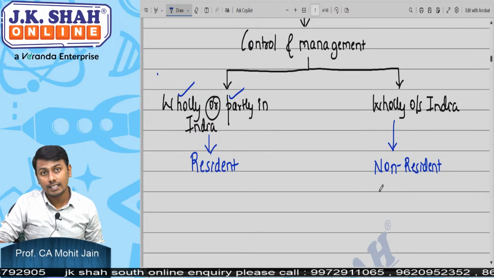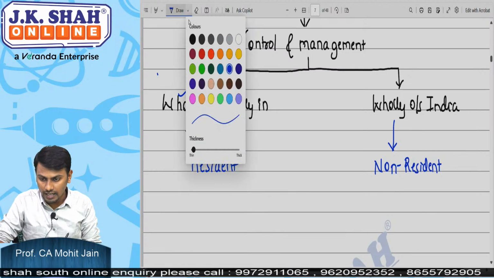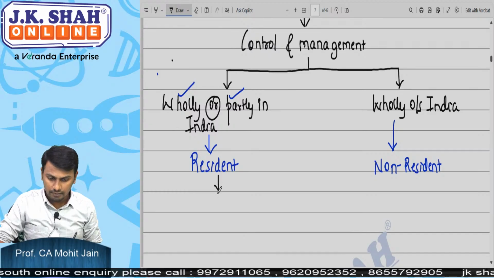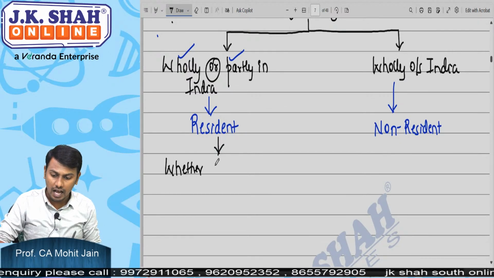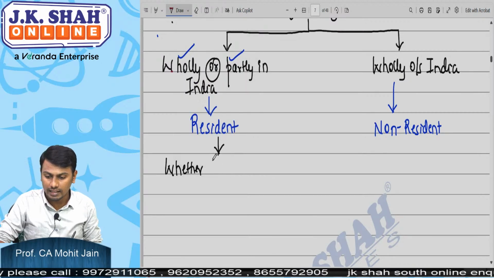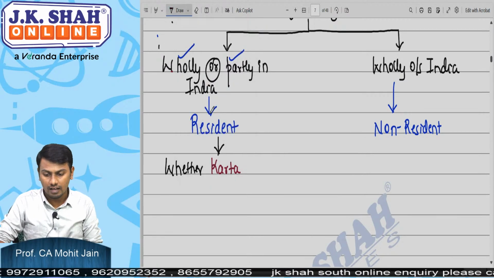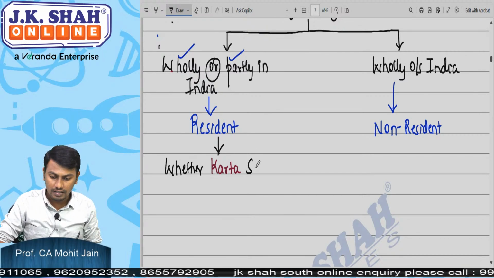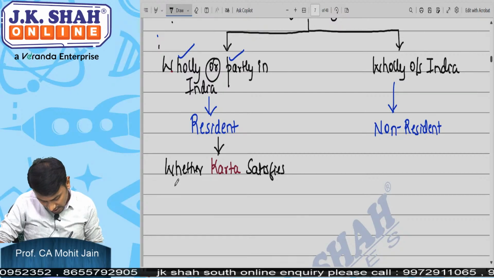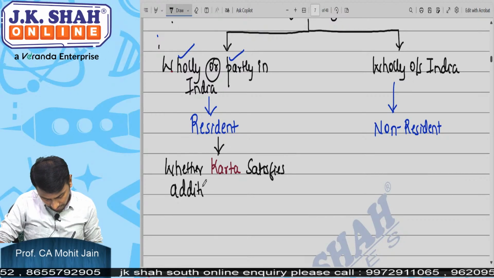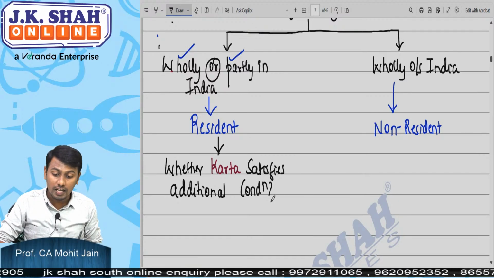But once you determine the HUF is a resident, we have to check further which kind of resident, whether it is an ordinary resident or not ordinary resident. For that, whether Karta, who is Karta? Head of the HUF. Whether Karta satisfies additional condition.